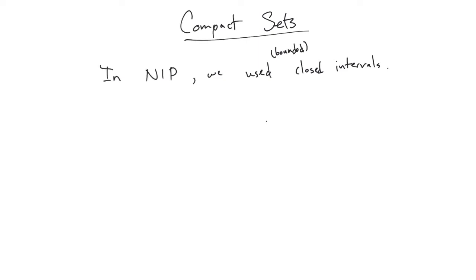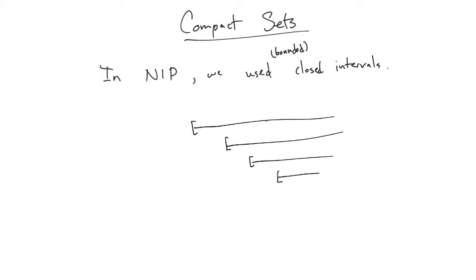This isn't something we made a big deal out of, but if you allow the intervals to be unbounded, even if they're closed on one end but they go up to infinity, they do not have the nested interval property. If you started with ones like this, going out to infinity, but you let the left endpoint continue to go out to the right as you go, then the intersection of all these would be empty. There's no point in all of them.